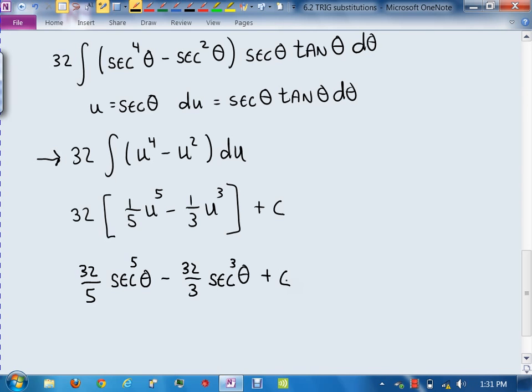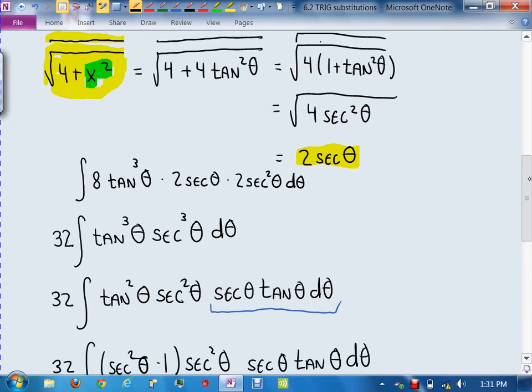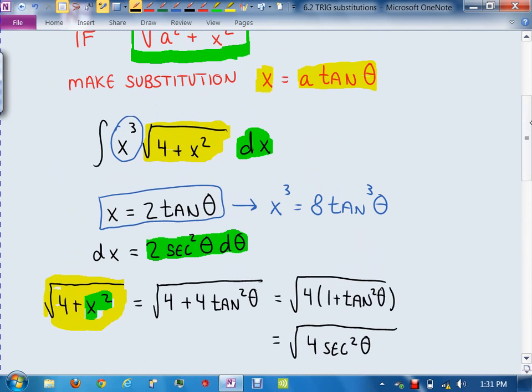Still with me? But we're not done, because everything's got to be back in terms of x, right? So there's several ways to get it back to x. Here's the way that I would like for you to learn or understand it.